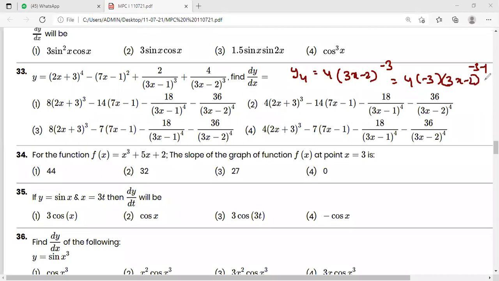For the inside function, the derivative will be 3. Finally, it will be 4 into 3, 12, 12 into 3, 36. So minus 36 by, it is 3x minus 2 whole power minus 4, no? When it comes to the denominator, this will be 3x minus 2 whole power 4. Okay?